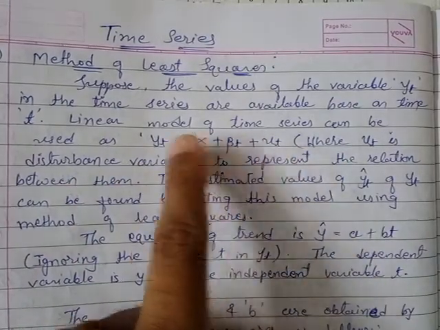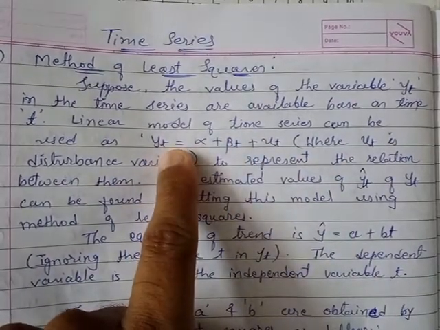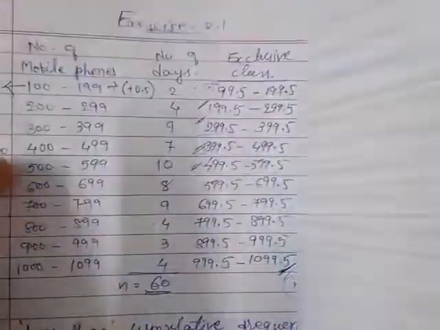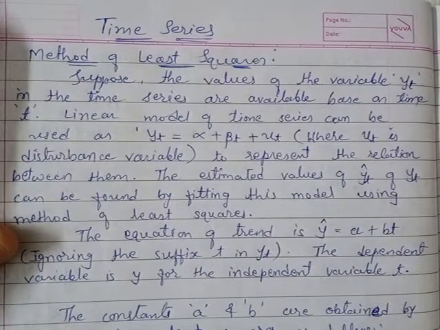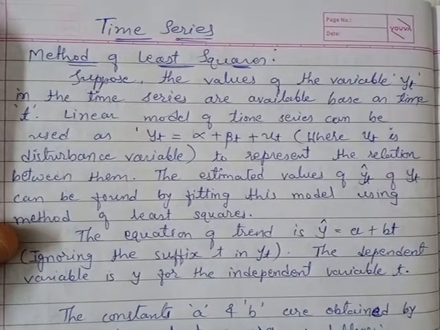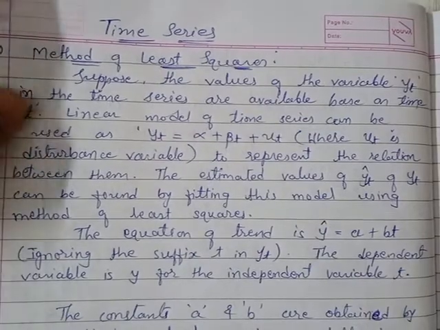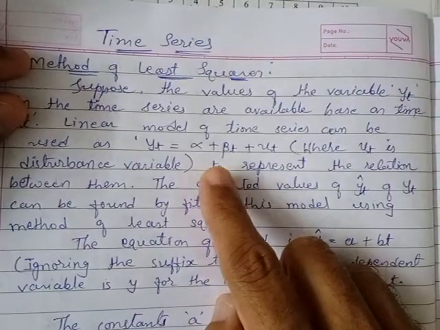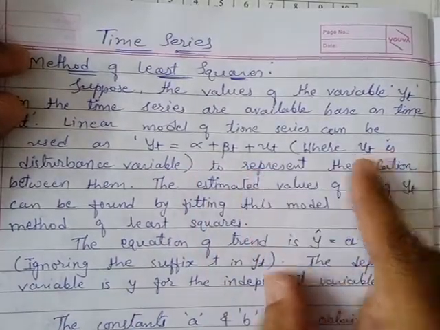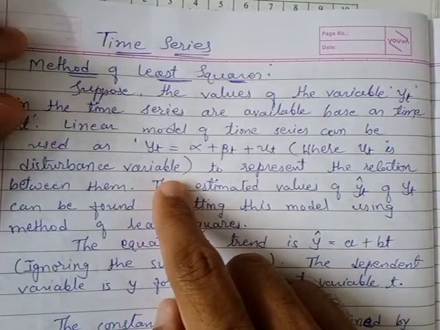This yt, where t is actually the variable based on time. For time t, we can ignore this, it is not necessary to consider. I will show you that. So yt is equal to alpha plus beta t plus ut, where ut is the disturbance variable, right?